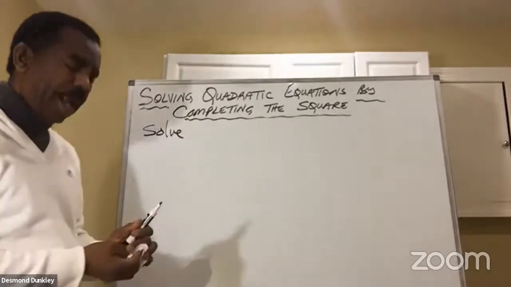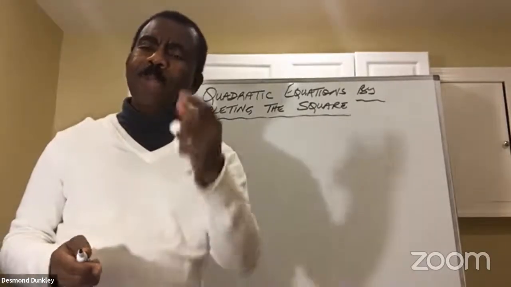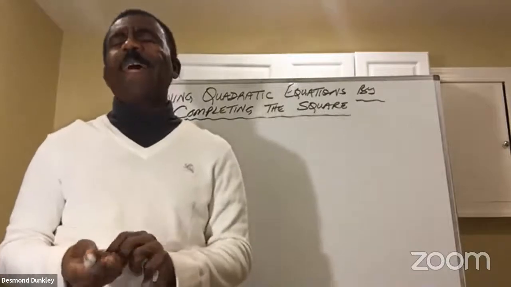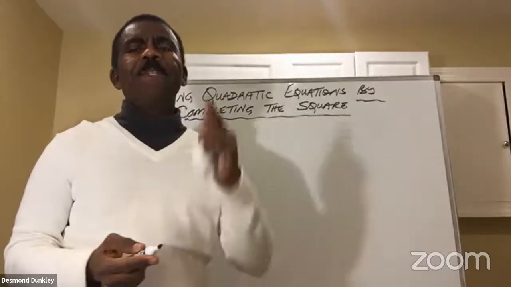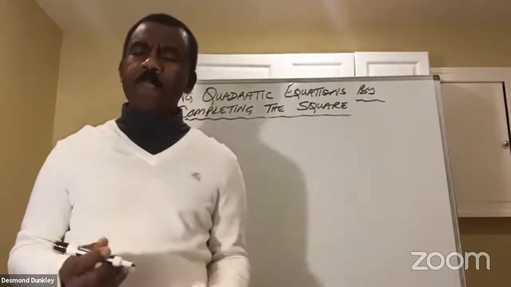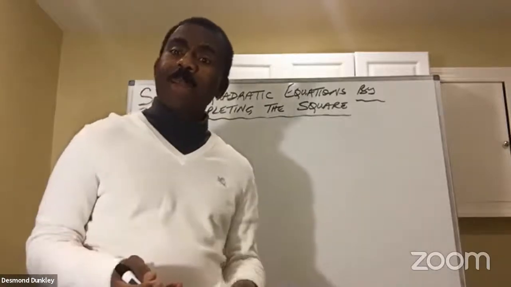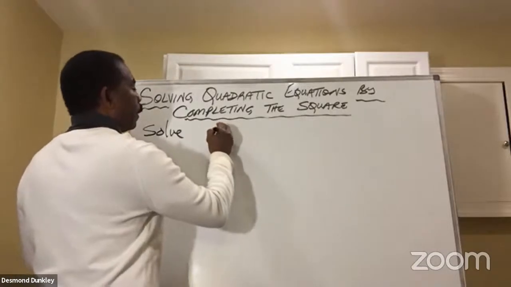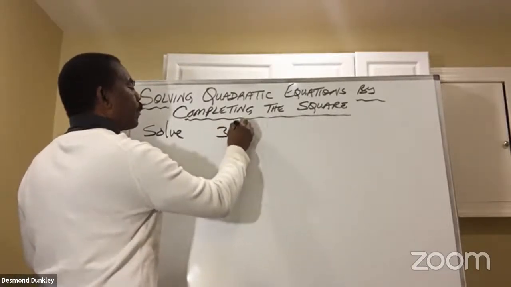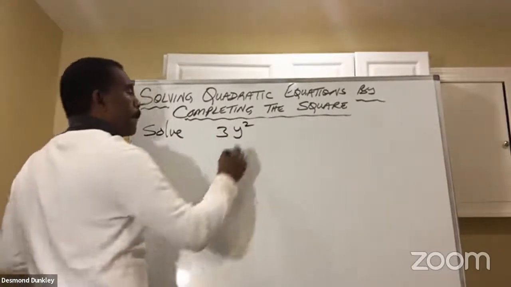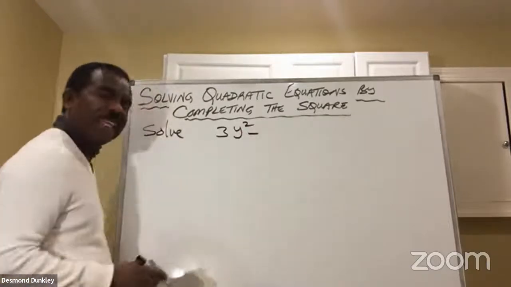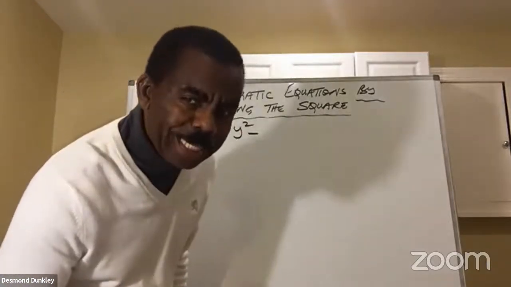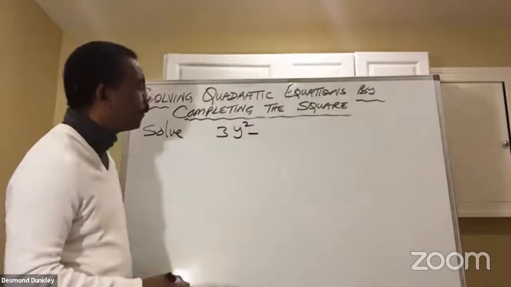Okay, so what I'll do this time, I'll solve using the quadratic formula first, and then do the same question using completing the square, and hopefully we'll get the same answers. Here we go, solve 3y squared. Can I make it really ugly?